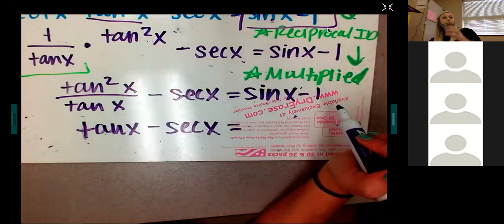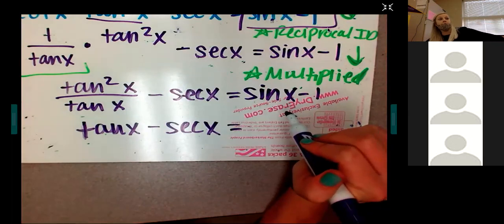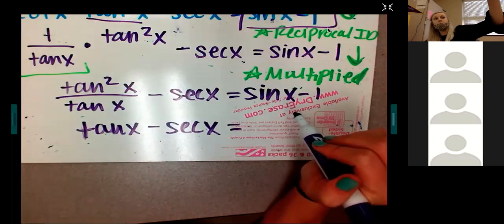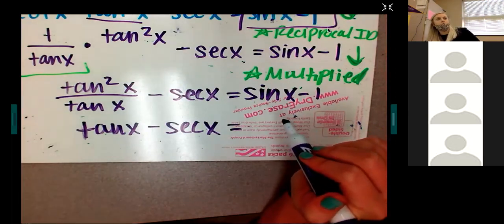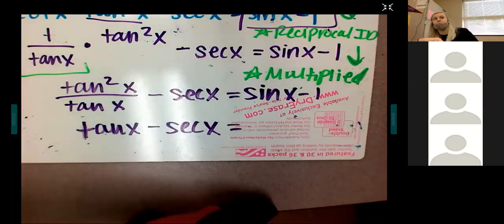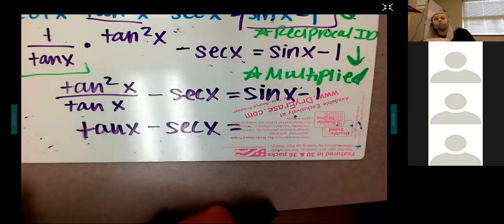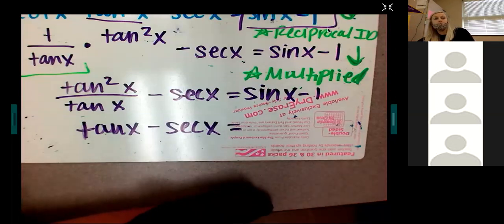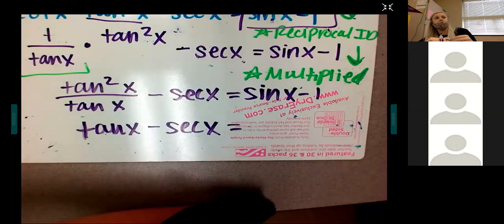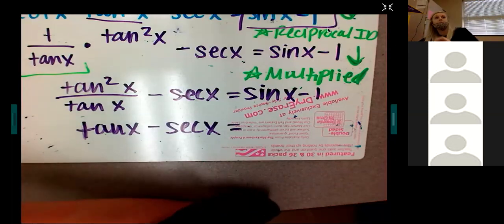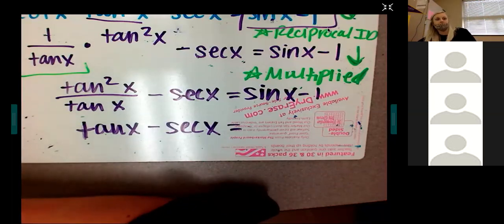If I want to prove that you are 20 feet away from me, I can't get up and move and you also move. You can't move both things in a proof. You have to pick a side, prove that that side will equal the other one. Okay? It's not an equation that you're trying to solve. We're trying to prove the left equals the right. That's what an identity is.